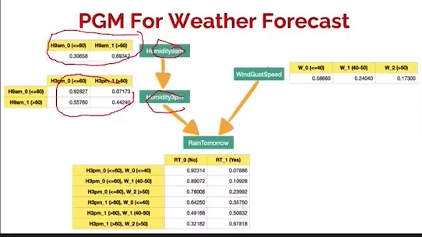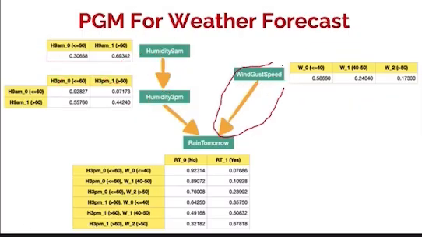Okay. Now, the wind speed has 3. It's not binary. It could be less than 40. It could be 40 to 50. It could be greater than 50. Can you see what I have? And let me also tell you this. You can see the arrow from the wind speed to rainfall. Another arrow is coming from humidity at 3 p.m. to rainfall.